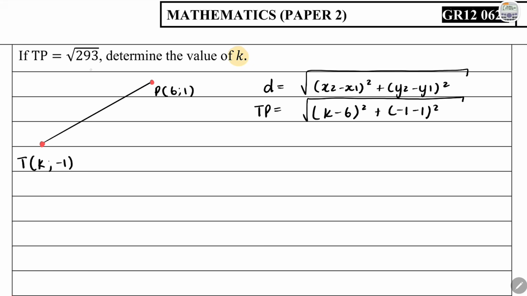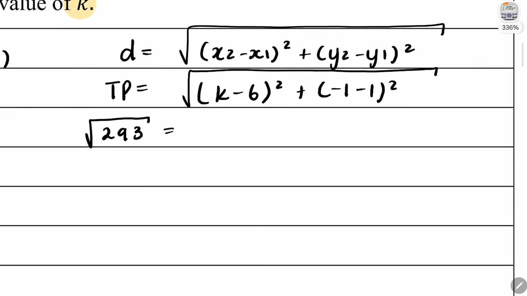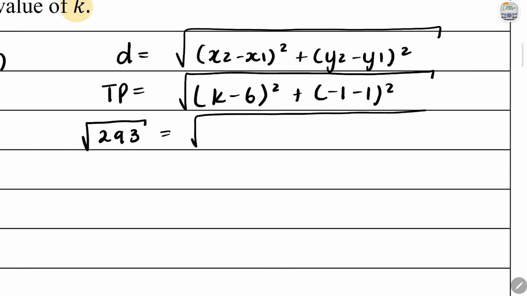And we know what TP is. It is the square root of 293. So in place of TP, the square root of 293 is equal to, and let's just see what can be simplified here under this radical. So k minus 6 all squared. Let's expand that. You could write this as k minus 6 times k minus 6 and then FOIL out, but that can take quite long.